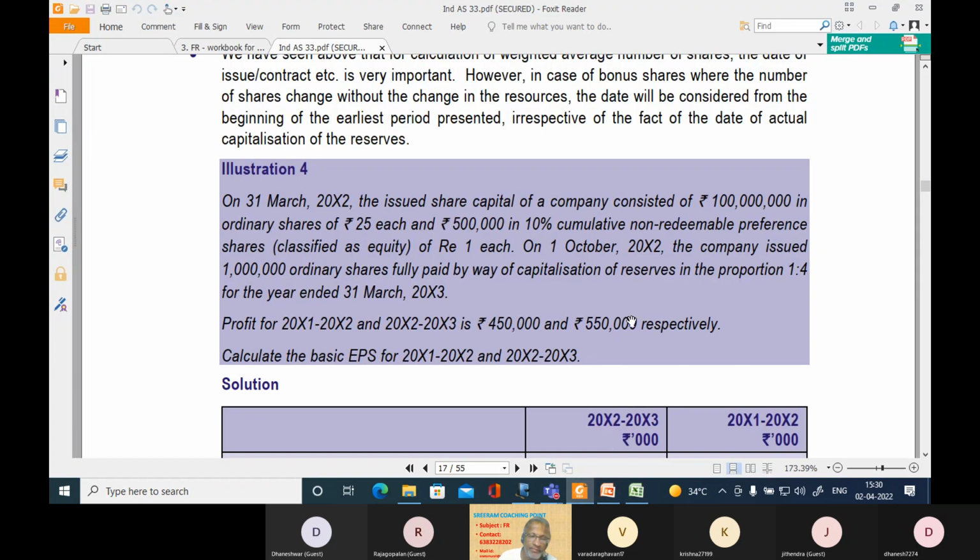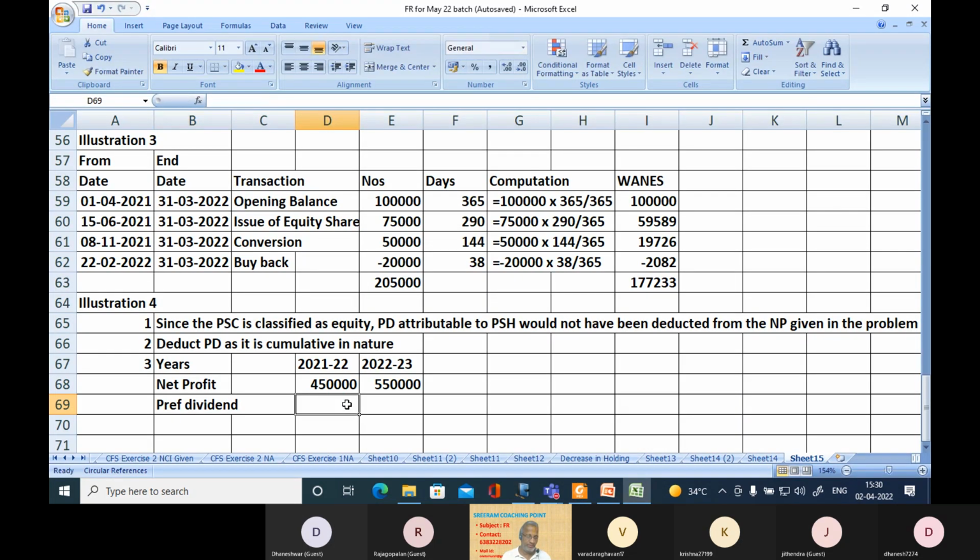Preference dividend: 5 lakhs into 10%, that comes to 50,000. Yes, sir.